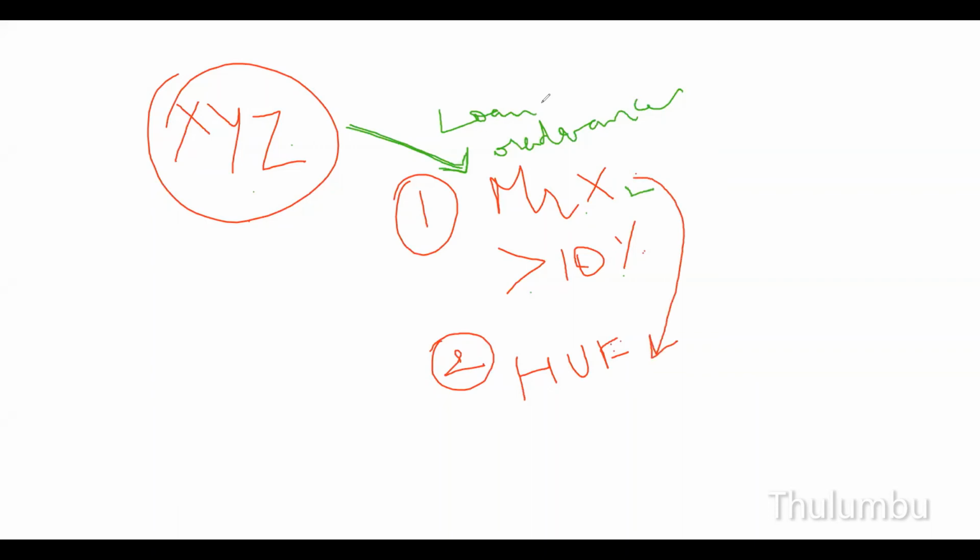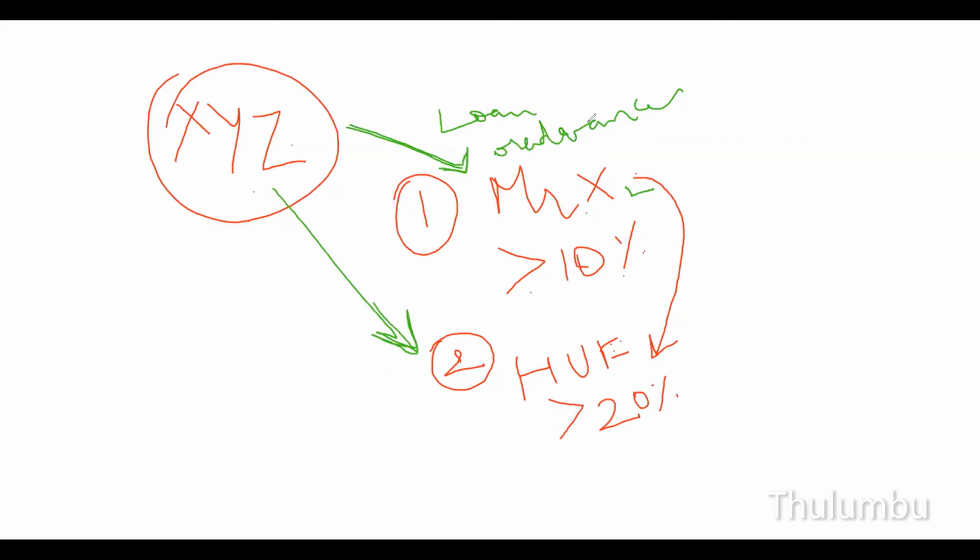So in this case, X is a shareholder and he is also a member of the HUF, and he has more than 20% in this HUF. Then if the company gives loan or advance to them, it is to be considered as deemed dividend only.